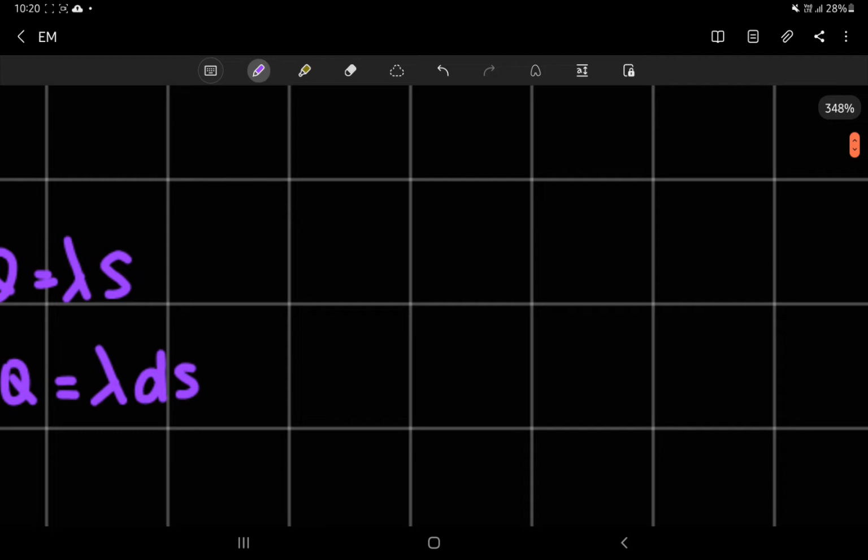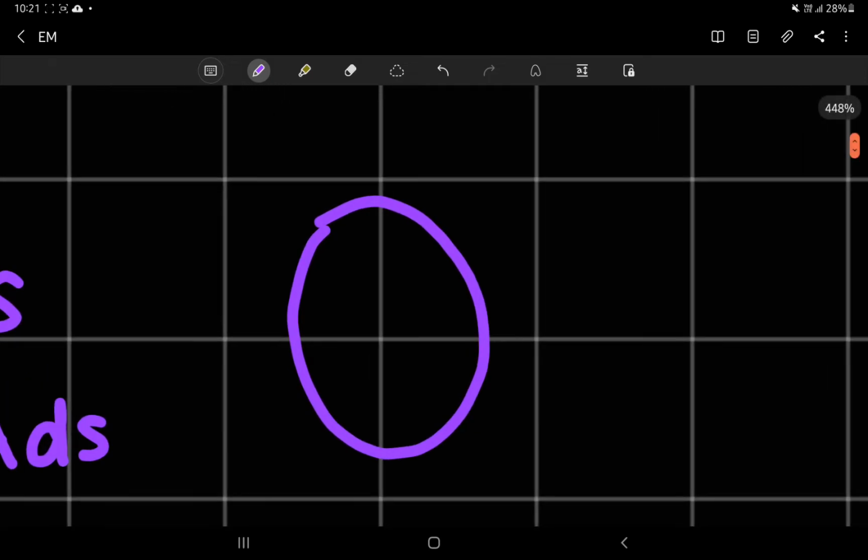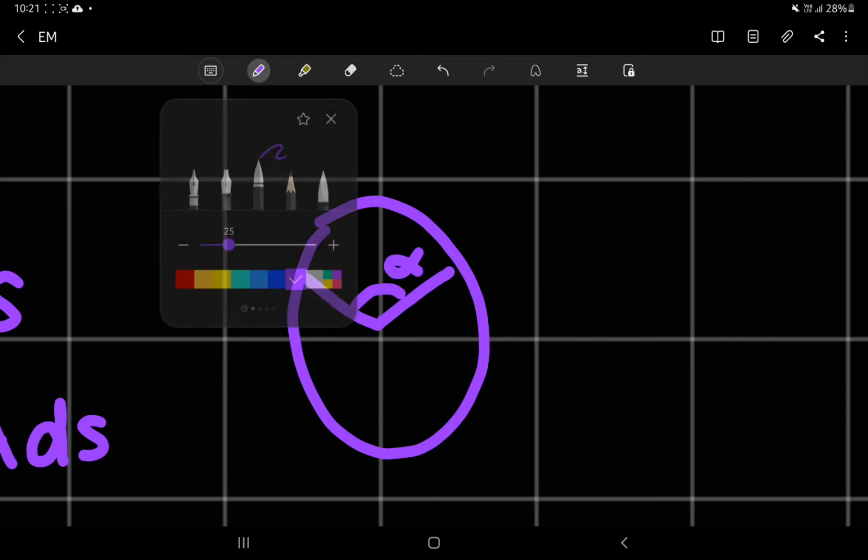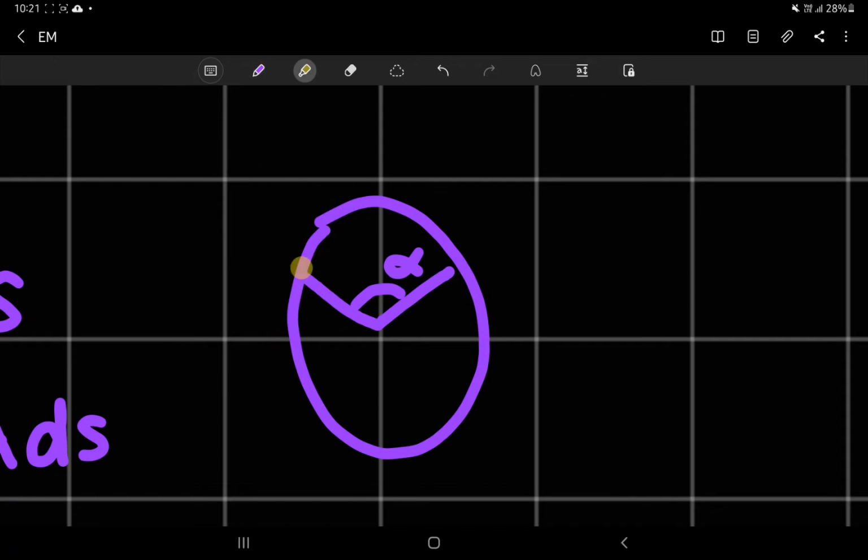If you still remember from high school mathematics, for a circle of radius r and center O, with an angle alpha, the arc length s is r times the angle alpha.